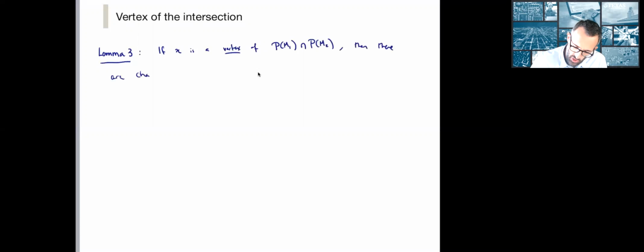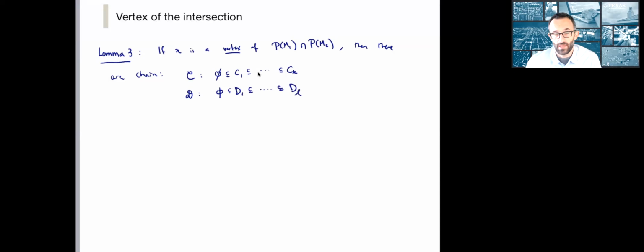there are two chains, one which I'll denote by calligraphic or script C, and script D. These don't have to necessarily be the same size, so I'll write C_K and D_L with no assumed relationship between K and L, such that two properties hold.